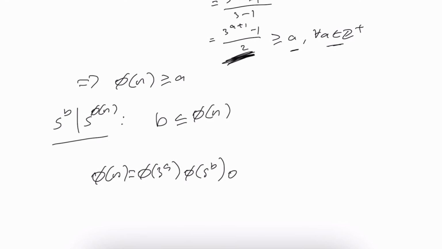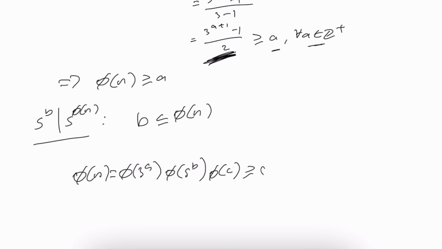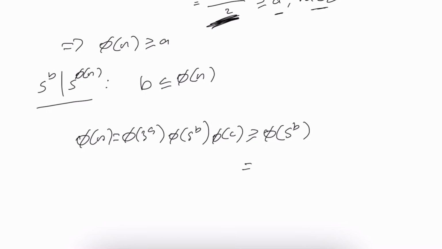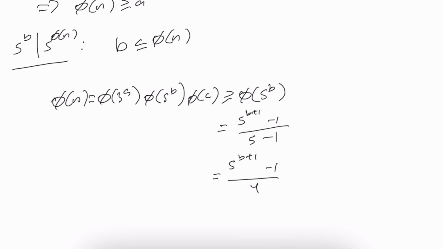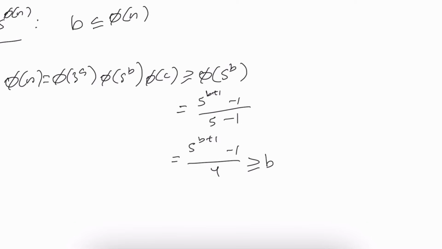So writing 5n in this way, and then again focusing on just the 5^b, this is equal to (5^(b+1) - 1)/(5 - 1), which is (5^(b+1) - 1)/4. And we also have that this is greater than or equal to b for all b in the positives.